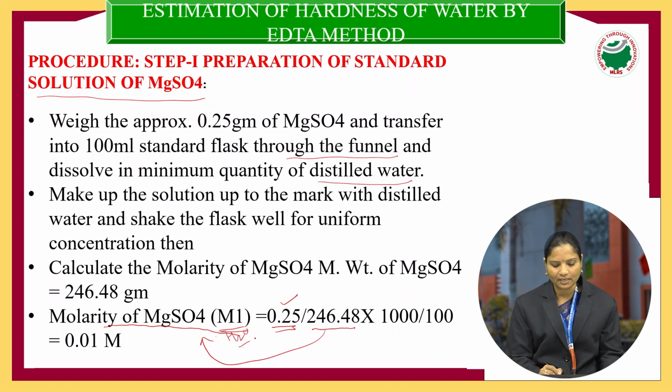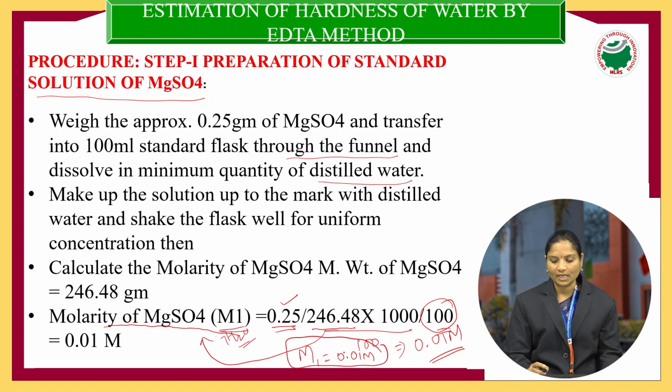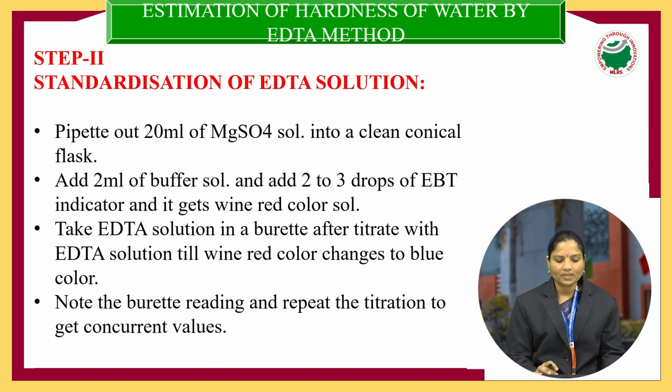Then 1000 by 100 ml, since we prepared this MgSO4 solution as 100 ml. So the molarity of the MgSO4 solution is equal to 0.01. So M1, the molarity of the MgSO4 solution we prepared, is 0.01 molarity.